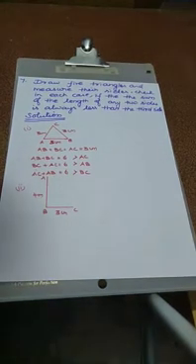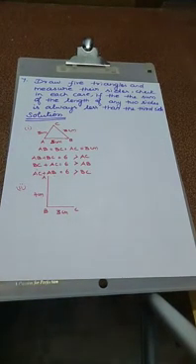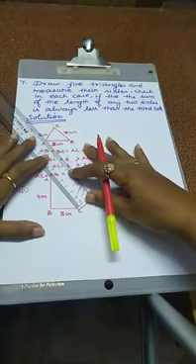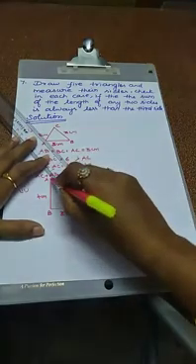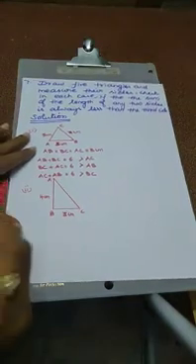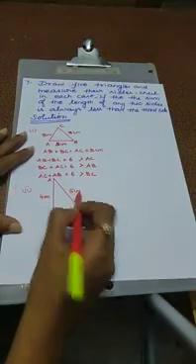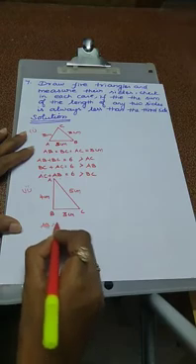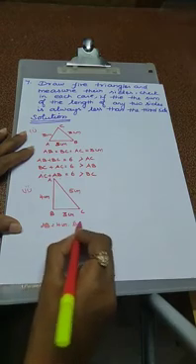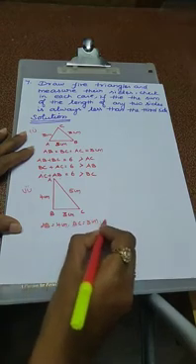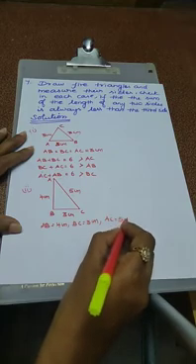Join the next two sides of the triangle. That is 5 centimeter. So AB 4 centimeter, BC 3 centimeter and AC 5 centimeter.